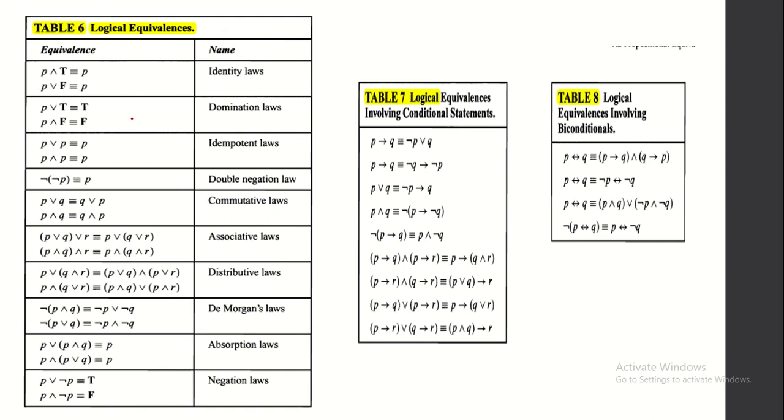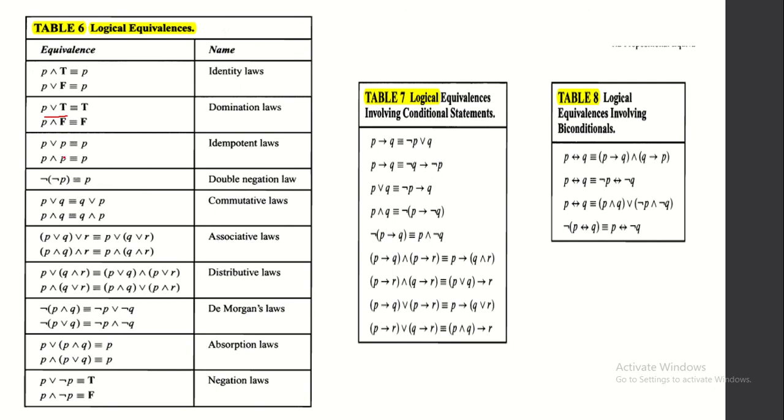Then the domination law. What is the domination law? You can see that this is P or true, and we know that in OR, if there is at least one true, then the output will be true. So you see that true is dominating here, so it is true. And in the case of P and false, it is false, as it is an AND operator and there is a false, so false is dominating.